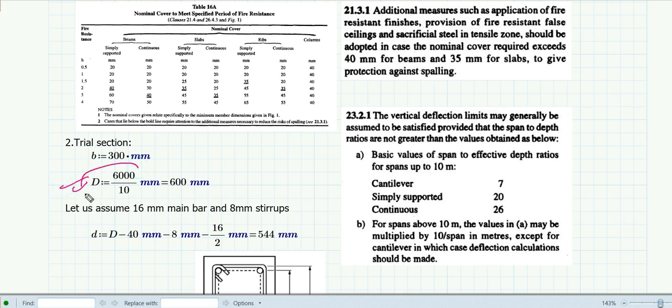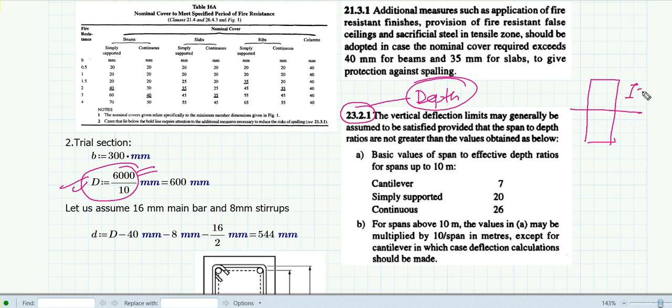The depth of the section can also be found from another clause, 23.2.1. This is for finding the depth. In a beam, if the depth is more, then the deflection gets reduced. If you take a very large depth beam, the moment of inertia becomes higher because it is bd cubed by 12, right?